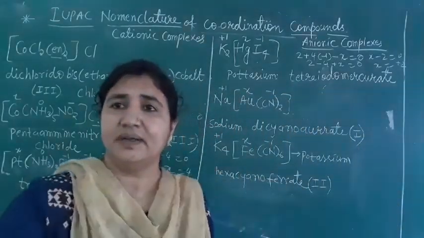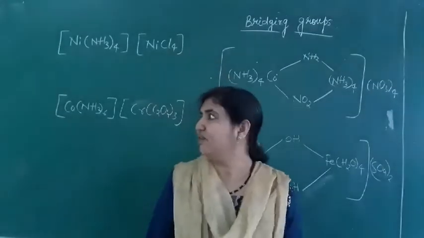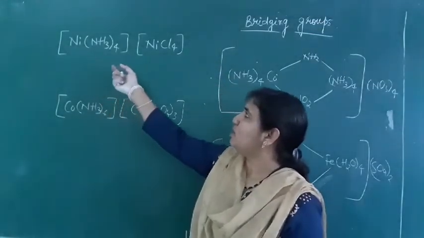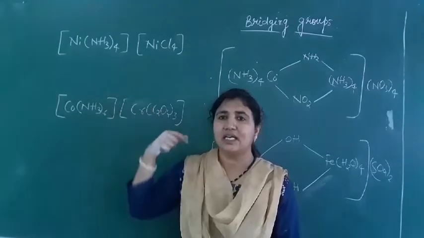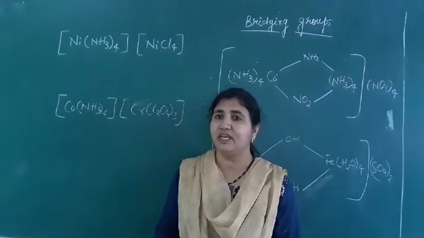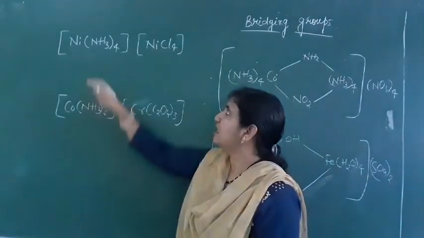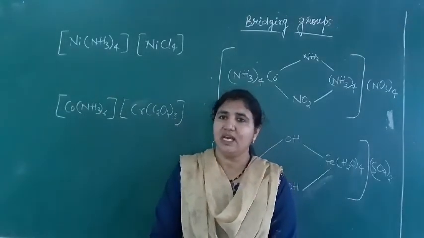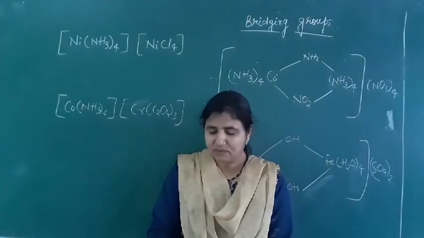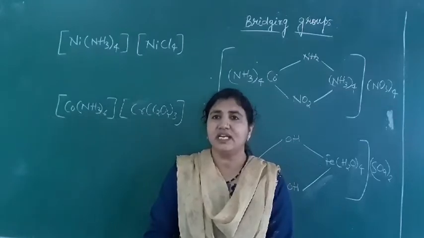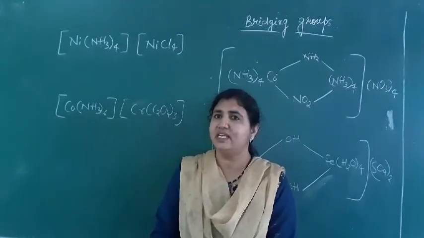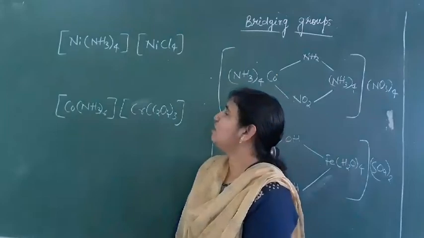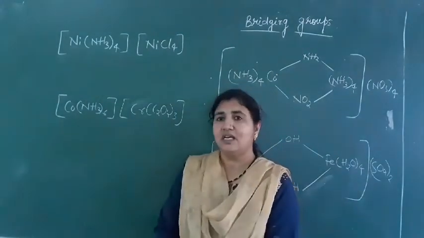We'll see that one. So if we have both ions, cation and anion, as complexes, how do we write the name here? See, the first one will be the cation and the second one will be the anion. Okay, because when we write the names, we write the cation first and then the anion. So here we have both the cation and anion as complexes.